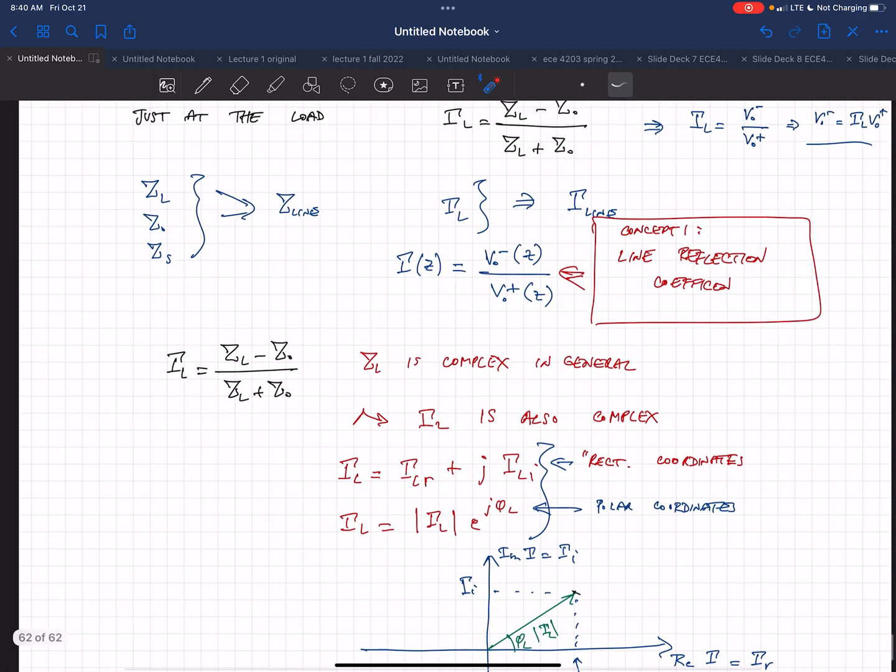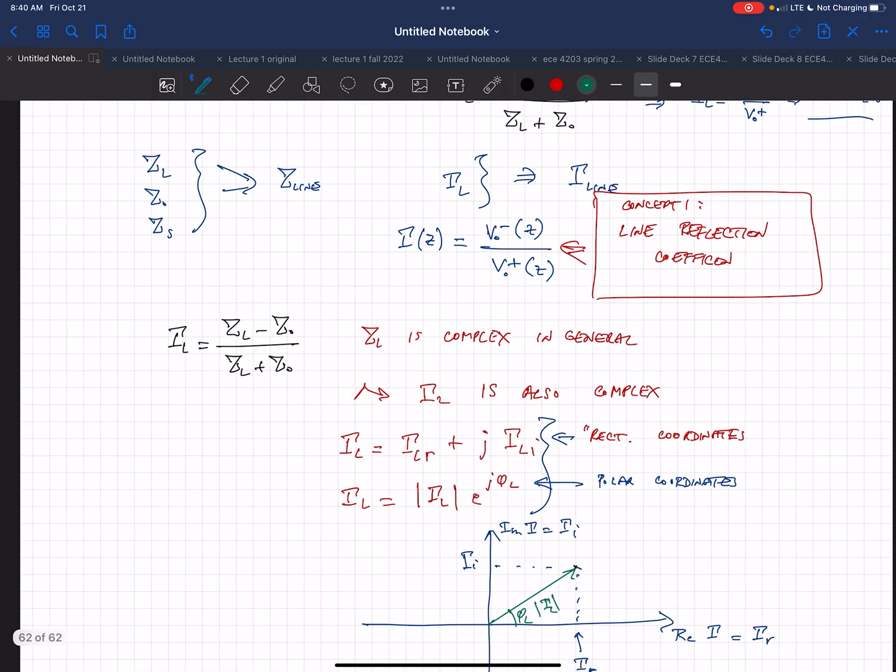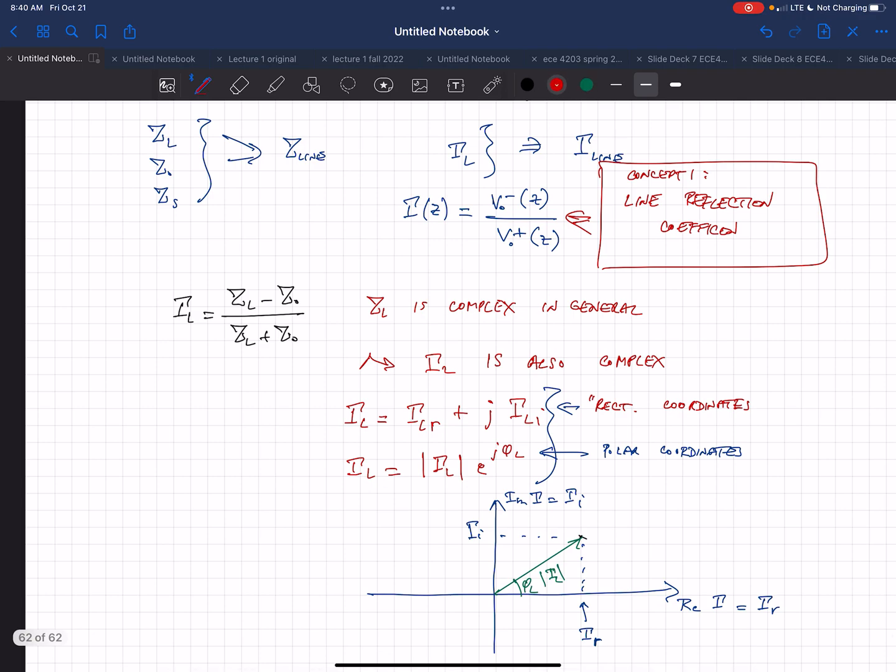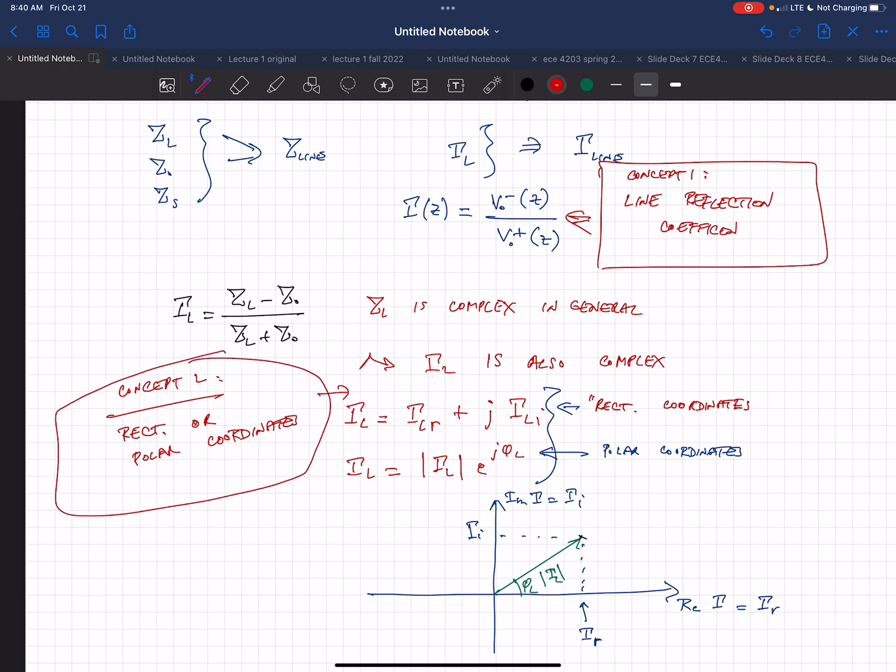So this is concept 2, rectangular or polar coordinates. You can go back and forth between them. That's the second concept to keep in mind.